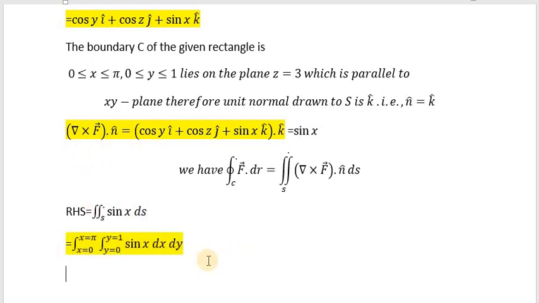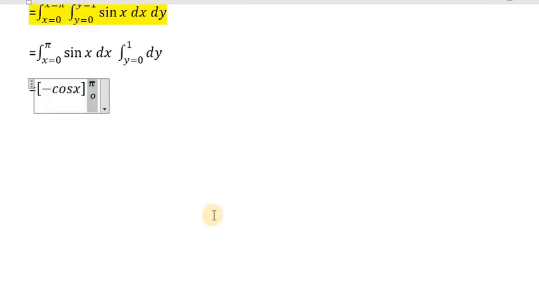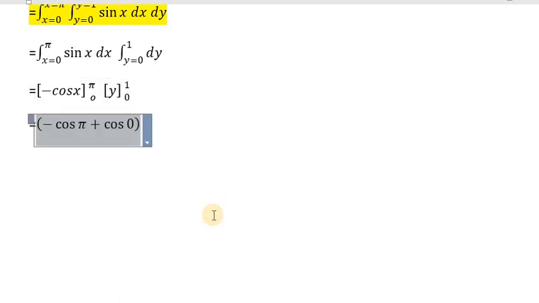Now evaluating this, we get the integral of x from 0 to 5 of sin x dx, times the integral from 0 to 1 of dy. Simplifying, we get minus cos x with limits 0 to 5, times y with limits 0 to 1. That gives minus cos 5 plus cos 0, times 1 minus 0.